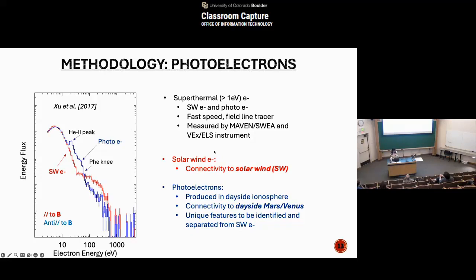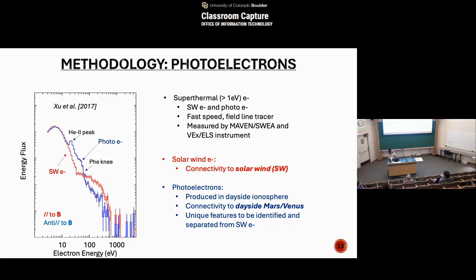The red line is the solar wind electrons, which means the magnetic field is connected to the solar wind on one end. The blue line is photoelectrons. These are electrons produced only in the daytime ionosphere when photoproduction occurs. So if we see these photoelectrons, it means the magnetic field is connected to the daytime ionosphere.